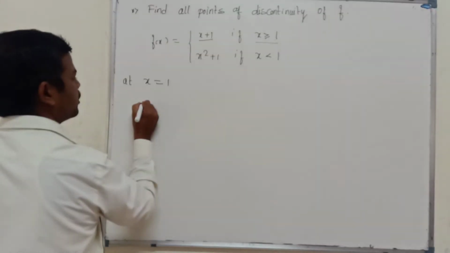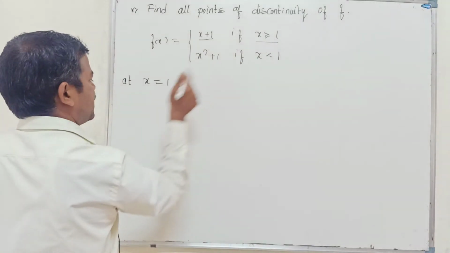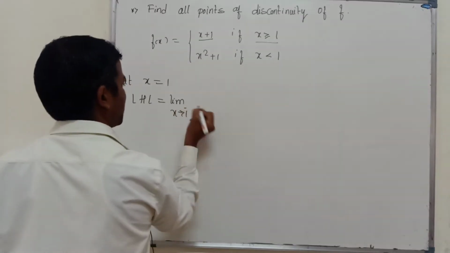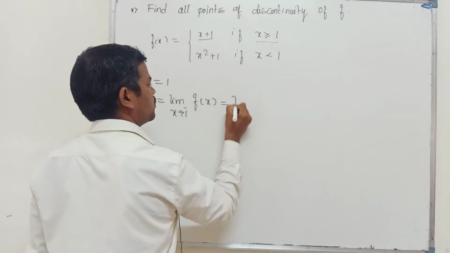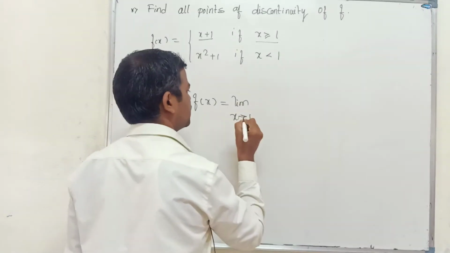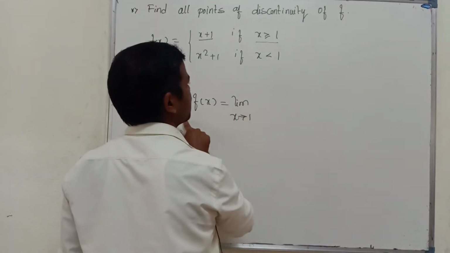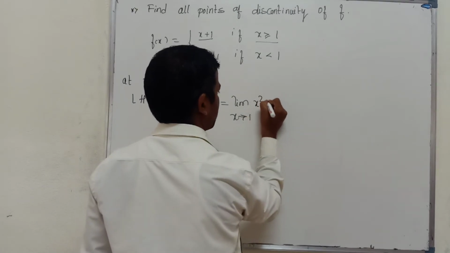First, limit inequality is given, so the left hand limit, LHL, is the limit as x tends to 1 minus of f of x. Left hand limit means less than 1, so we have x square plus 1.